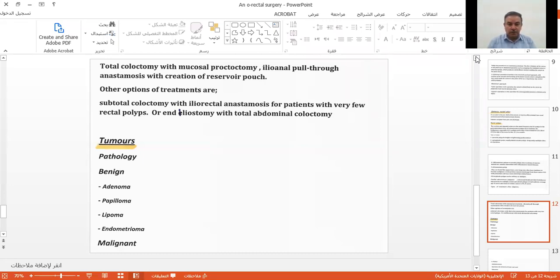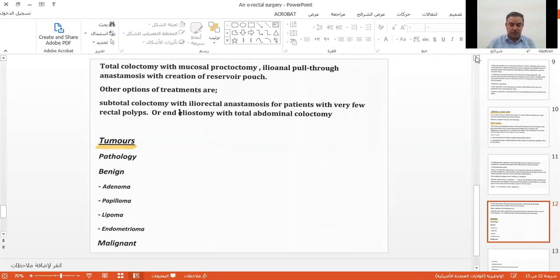So in this lecture we finished the rectum: anatomy, injuries, abnormalities, rectal prolapse, foreign bodies of the rectum, and rectal polyps. And we start with rectal tumors, which could be benign or malignant. Pathologically benign tumors include adenoma, papilloma, lipoma, endometrioma.